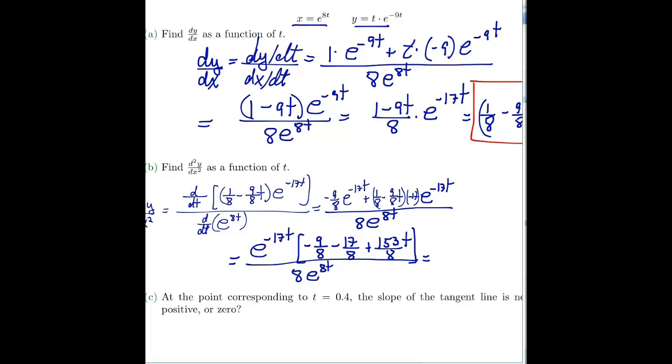And then, well, if we multiply everything through by 8, we're going to have a 64 downstairs. If we combine the e terms, we're going to have e to the minus 17t over e to the 8t, so e to the minus 17t minus 8t, so that's e to the minus 25t.